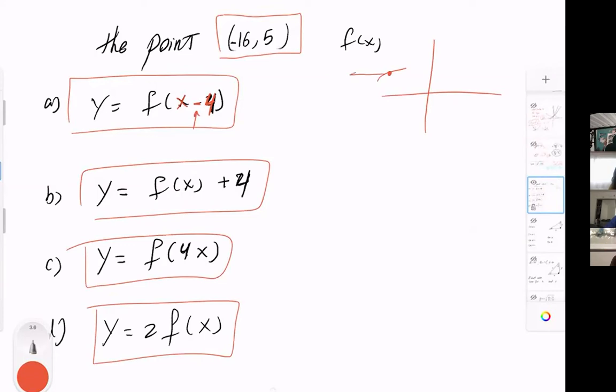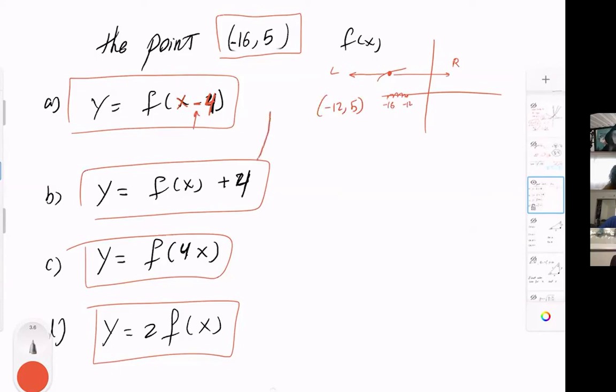Do we go 4 units to the left or 4 units to the right? To the right. 4 units to the right, we're gonna get negative 12, comma 5. If this is negative 16, we go 1, 2, 3, 4, it will be negative 12.